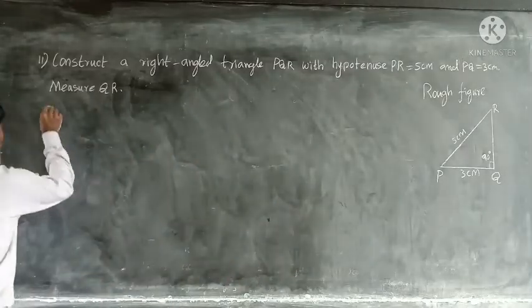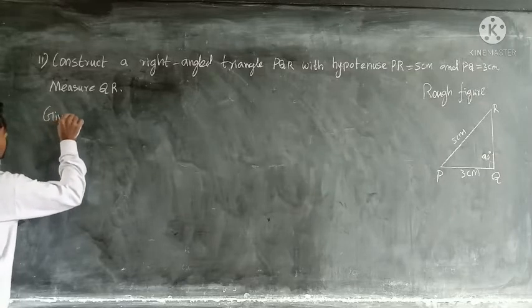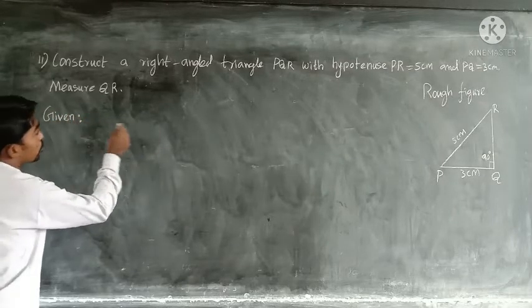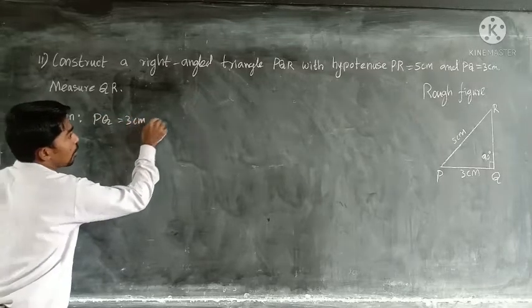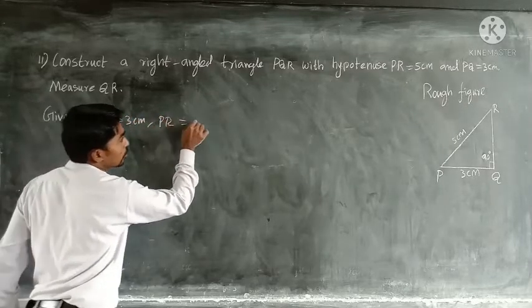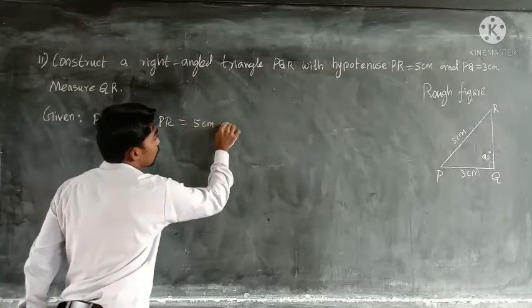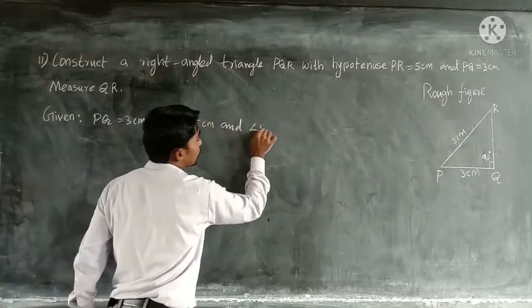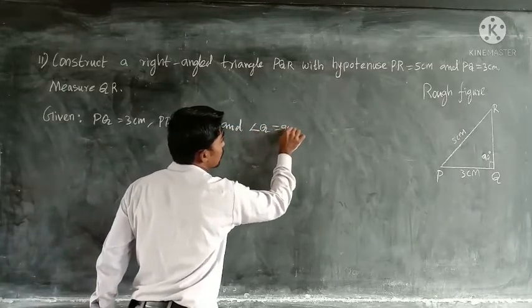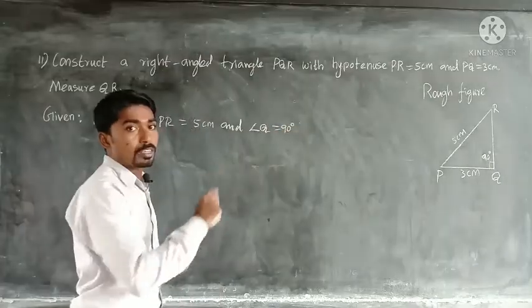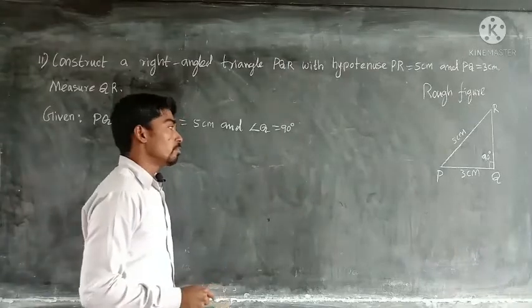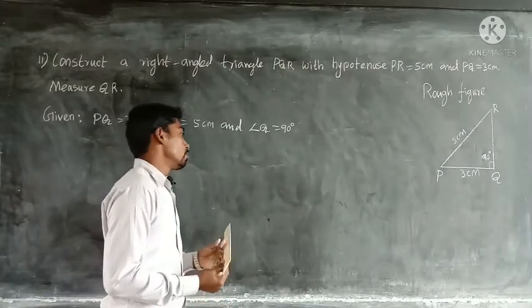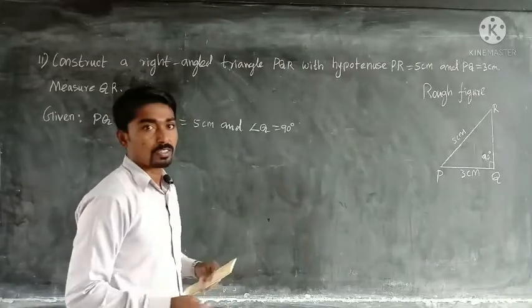Given PQ is 3 cm and PR is 5 cm and angle Q is 90 degree. To construct right angle triangle PQR, we are going to find PQ first.